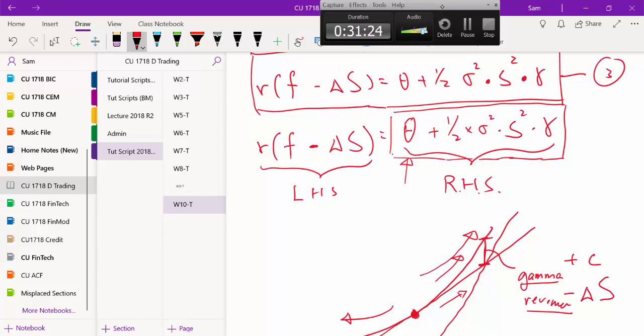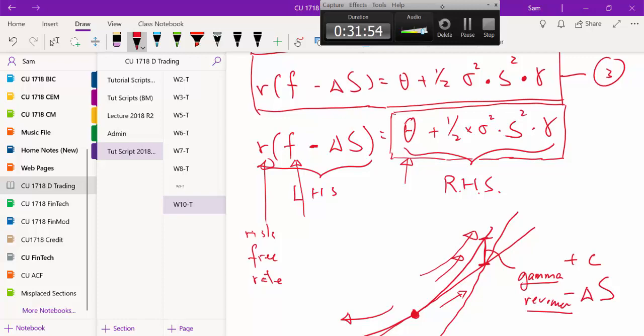Now, what is the left-hand side? The left-hand side actually is a lot easier than you think. What actually is the left-hand side? I'll give you a clue. This is the risk-free rate to start with, or the borrowing rate. Okay, let me help you out. F is a derivative. Any derivative.